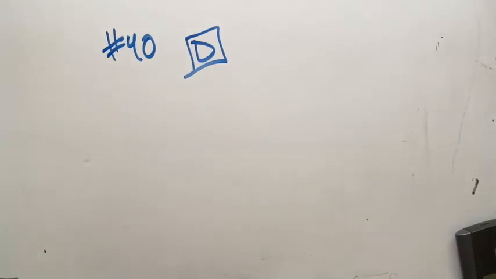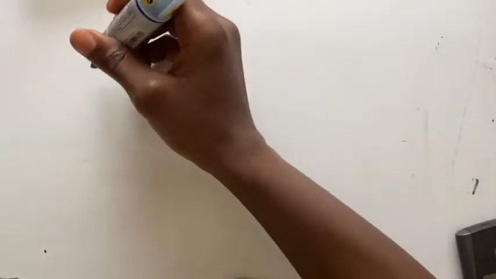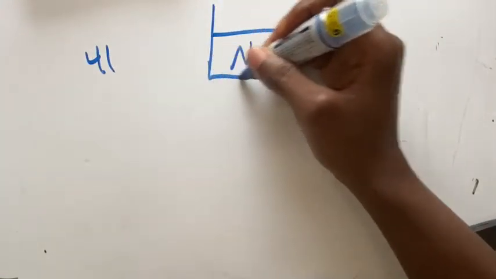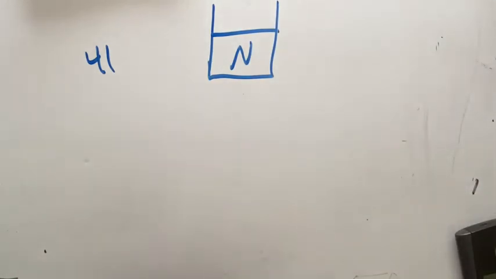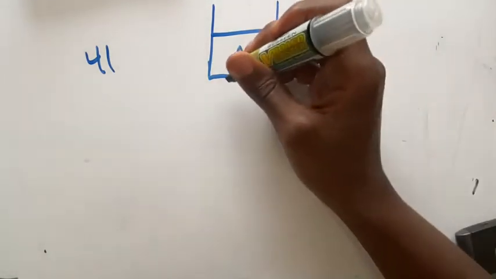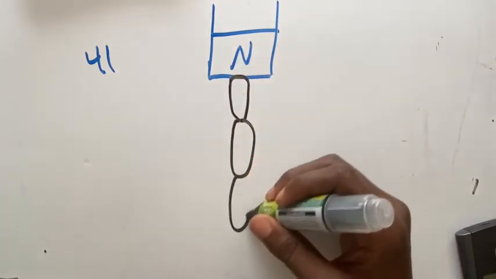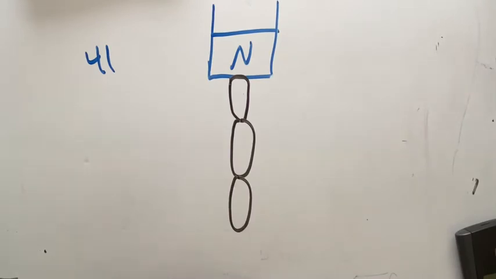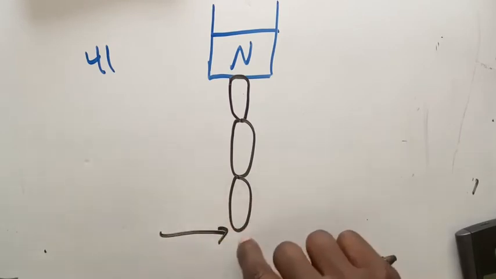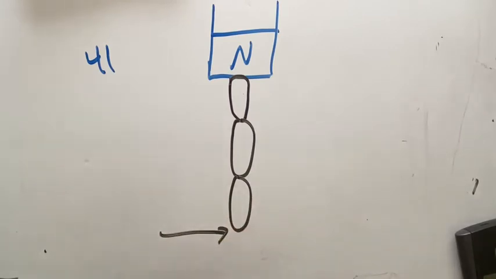41 says several paper clips dangle from the North Pole of a magnet. So we got our magnet here. This is the North Pole. And we have a bunch of paper clips hanging from it. Boom, here's one, here's one, here's one. And it says the induced pole on the bottom of the lowermost paper clip. So here, the bottom of the lowermost clip is what?